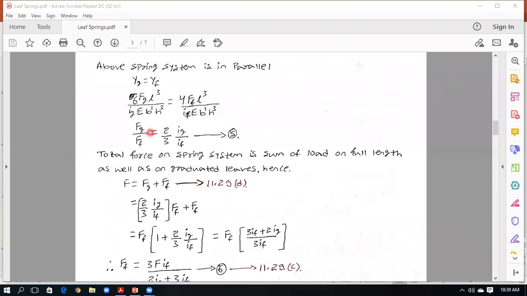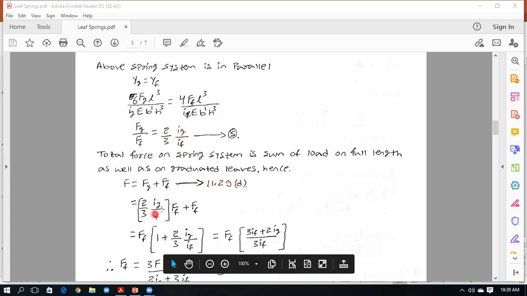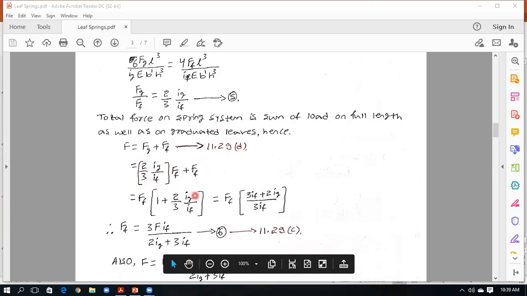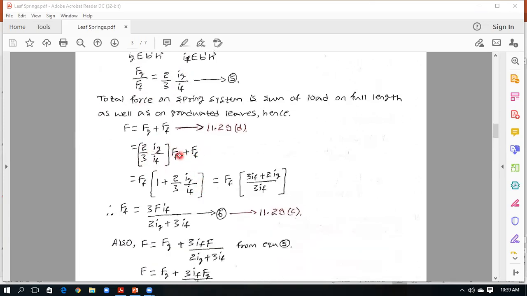From the above equation, take F_f to the right hand side. There you will get the value of F_g. Substitute that F_g in this equation. F_g is 2/3 times (I_g by I_f) times F_f. So I am going to substitute the value of F_g. Now you can see that F_f is common.